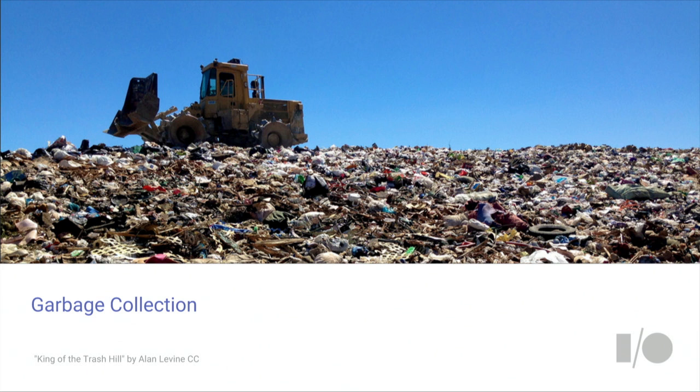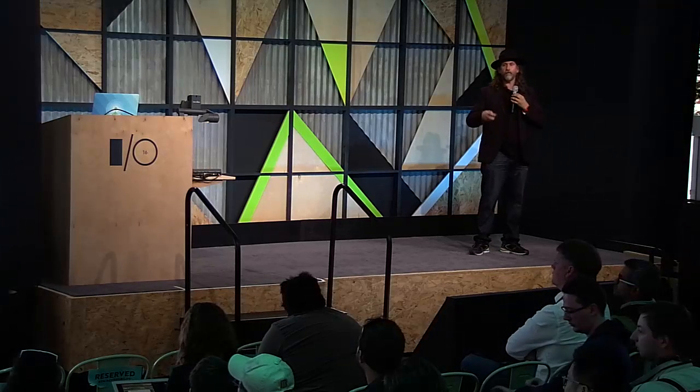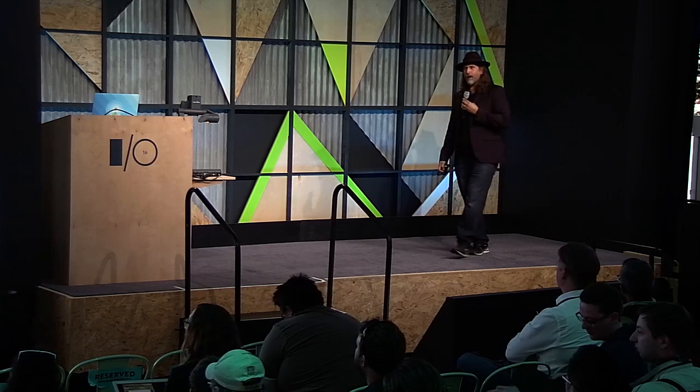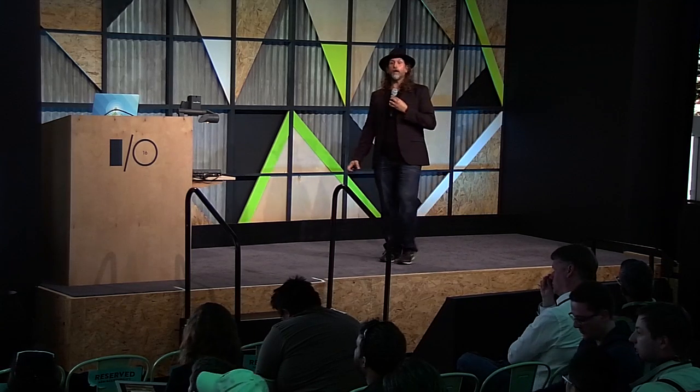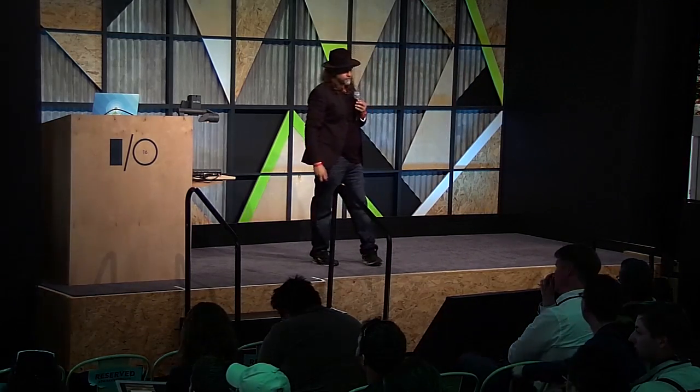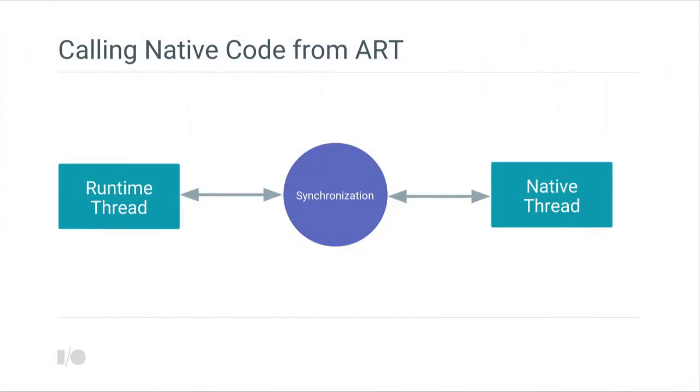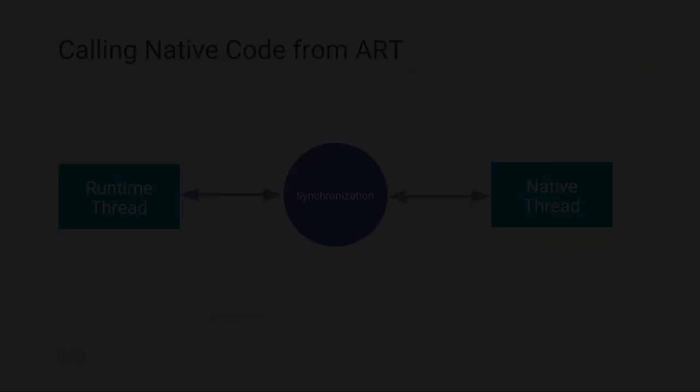And what we're seeing with ART is that a lot of times you don't actually need to even go into native land. Again, if all you're concerned about is performance, ART is doing amazing stuff, and you don't have to worry about all of these kinds of things. So it's complicated. As I said before, that means that it's a little more expensive to do a JNI call. And again, we have to do synchronization, and that's what's causing us to have these delays.